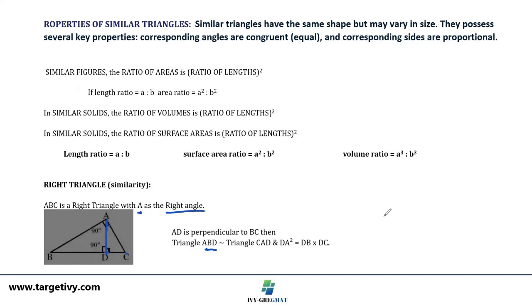Then we remember this one: DA square is equal to DB into DC. H square is equal to M into N, something like this. Say this is M, this is N.